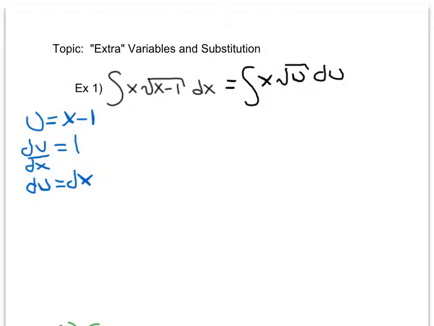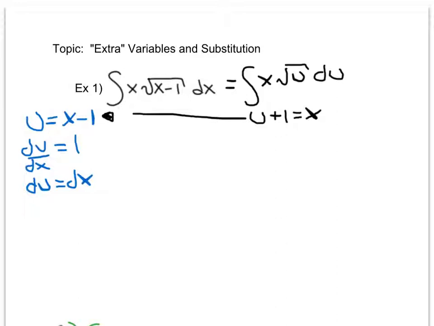I need to do something with that x. Right here I defined what u was. If I add 1 to each side, that becomes u plus 1 equals x. The reason this is helpful is that if I put this u plus 1 in for this x, my integral will be in terms of u's only.